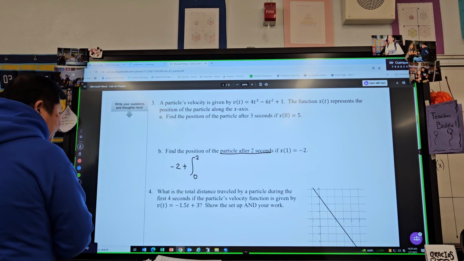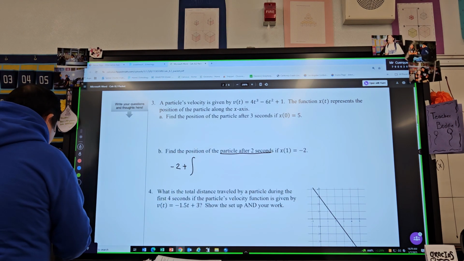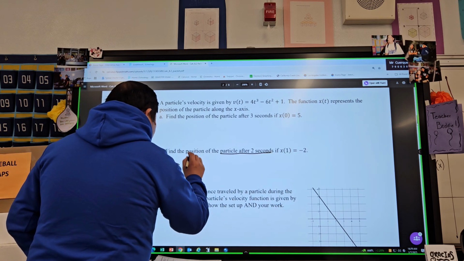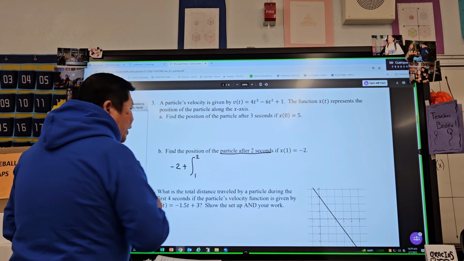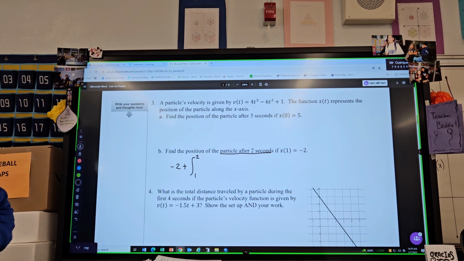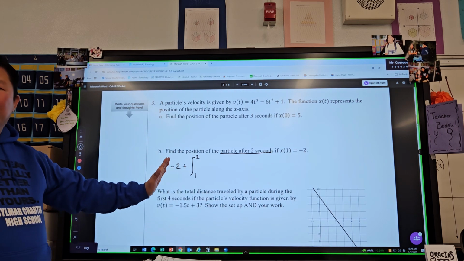Sorry, this is from 0. Instead of 0 to 1, it's going to be 0 to 2, instead of 1 to 2. That makes sense. There is already an initial.